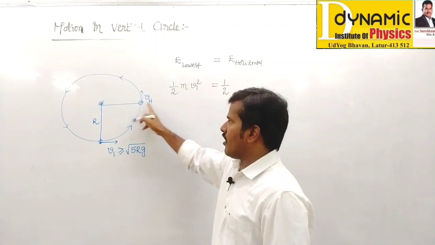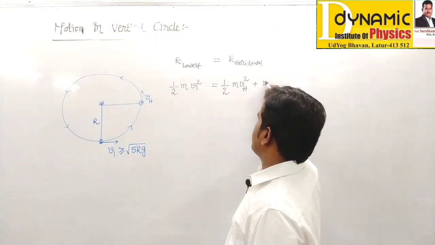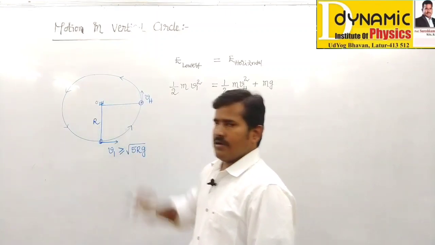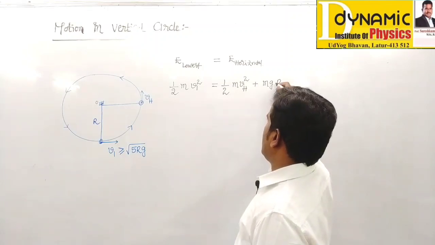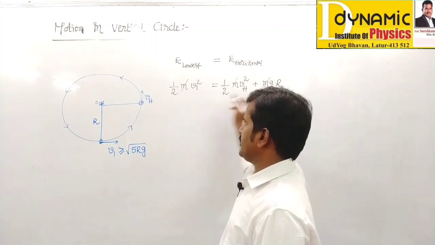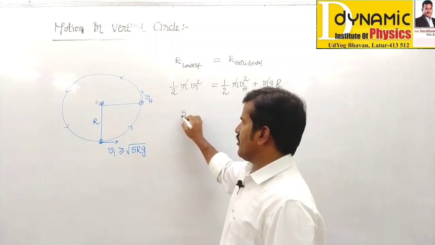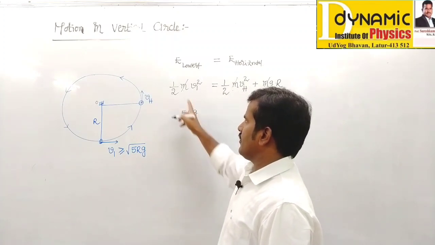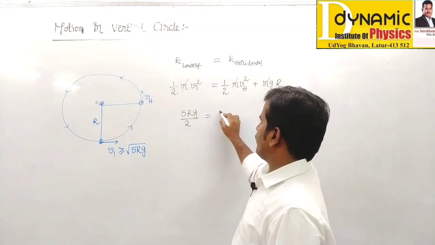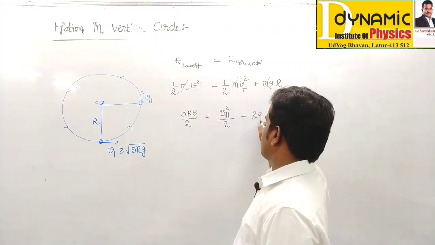That equals, at the horizontal position, half m vh square plus mg into h, where the height h equals r. Cancelling m and multiplying by 2, v1 square, whose minimum value we know is root 5rg, so half of 5rg equals vh square upon 2 plus rg.